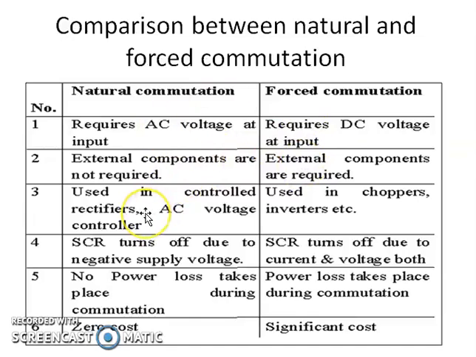Natural commutation is used in rectifiers and AC voltage controllers, where we use AC as our input voltage. Forced commutation is employed in DC choppers and inverters. In natural commutation, the SCR turns off due to negative supply voltage. In forced commutation, the SCR turns off due to current and voltage both.